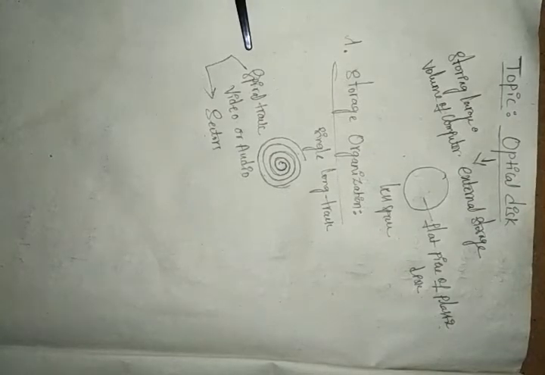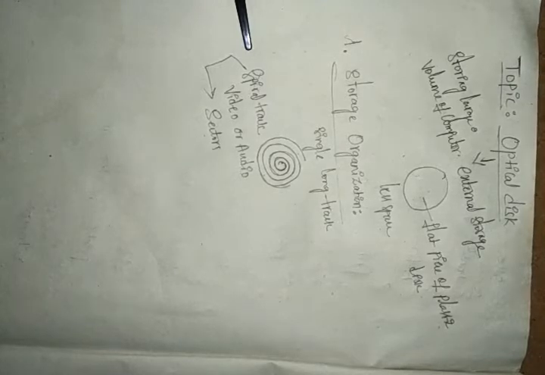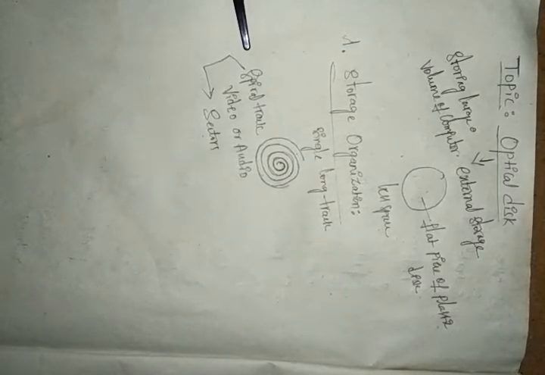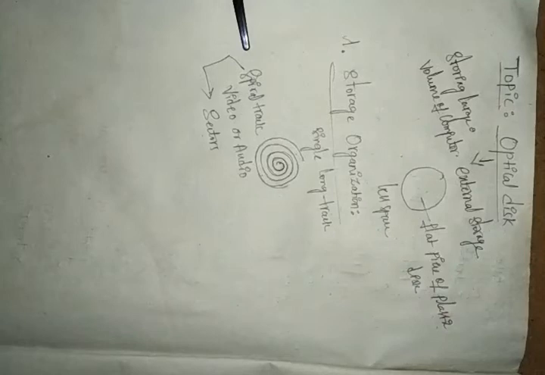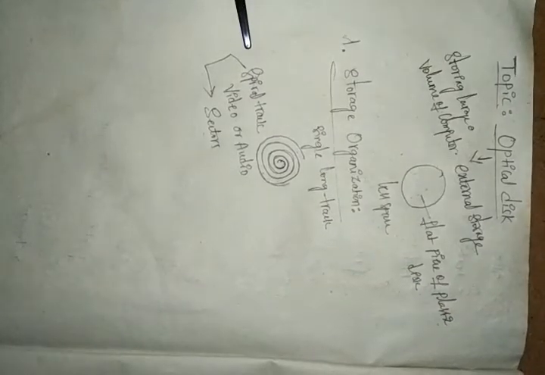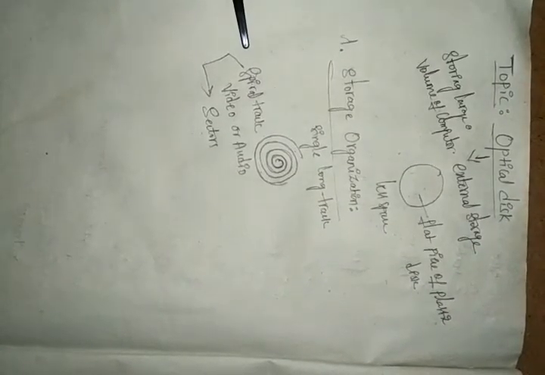Whatever you are doing, the faster speed for reading or writing data can be given by the sectors. Sectors means it is dividing the tracks into parts like this. So this is the storage organization.